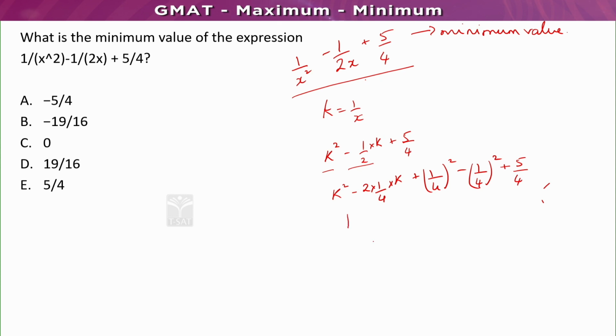So this is k minus 1 by 4 whole square minus 1 by 16 plus 5 by 4.